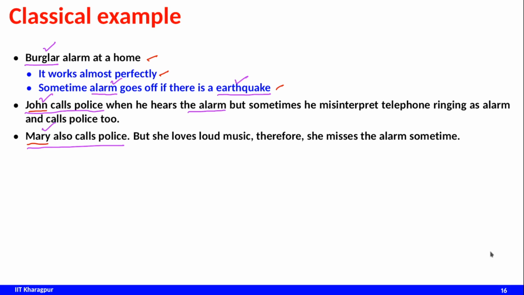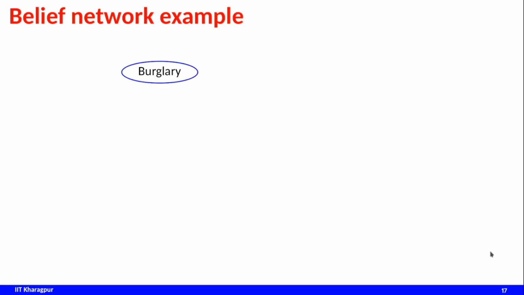Now let us try to create the dependency information, or the qualitative information, before we proceed to the quantitative part. Burglary is definitely one of the events. The next is the earthquake, and burglary and earthquake are independent events, which we can easily understand because they will not have any kind of correlation.